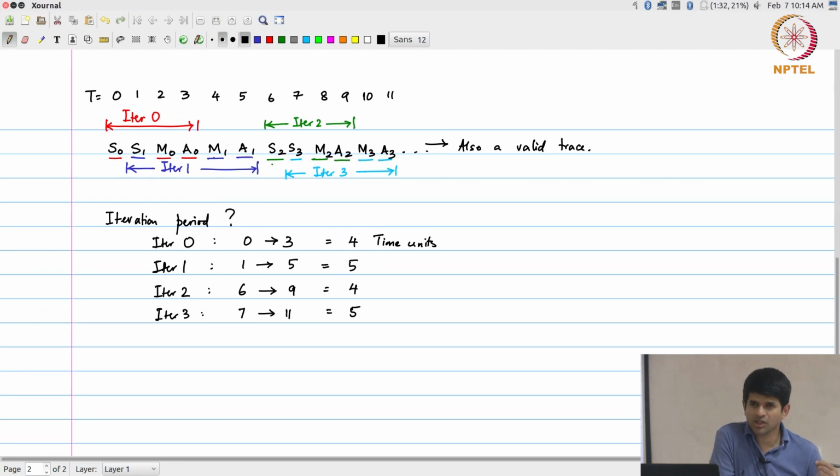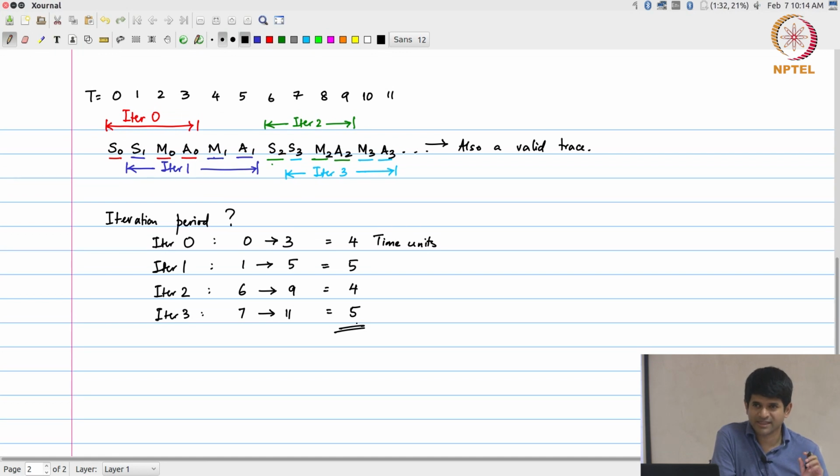Okay. But what is this? Is this really the periodicity, or is it just the time required for finishing that iteration? It is the time required for finishing that particular iteration. So, this number that we are seeing over here is not really the iteration period, because iteration period is a property of the long term trace, how on average quickly iterations are getting completed. The phrase on average is a bit tricky.